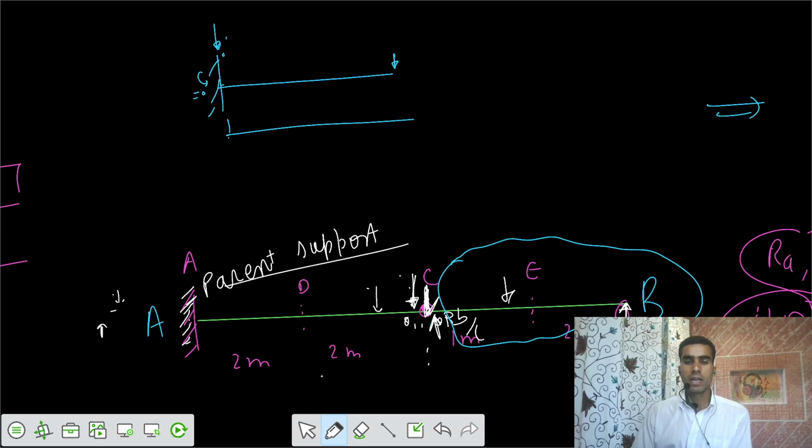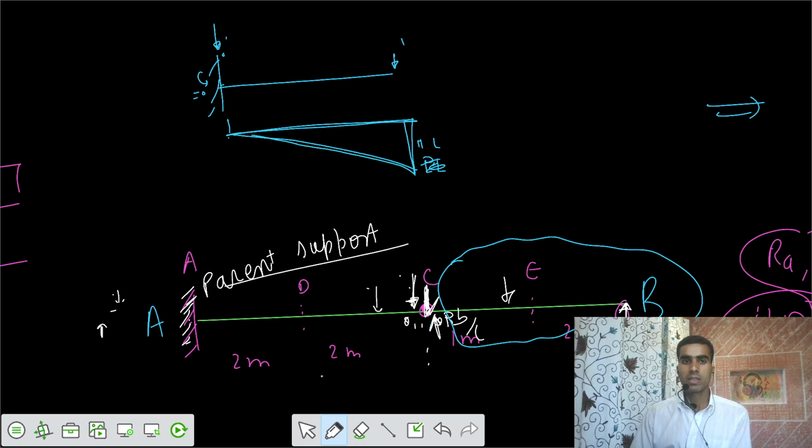If the load is at the free end, your moment gets developed, that's maximum. Then we say there is a linear variation, so we write this is P into L, or in terms of 1 unit, this is 1 into L. So maximum moment you can have in this fashion.